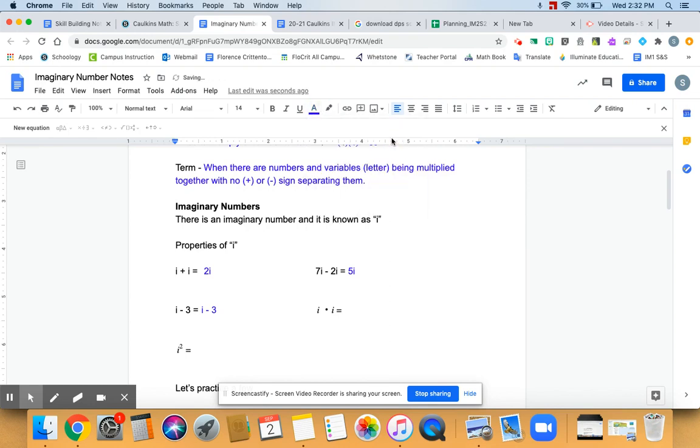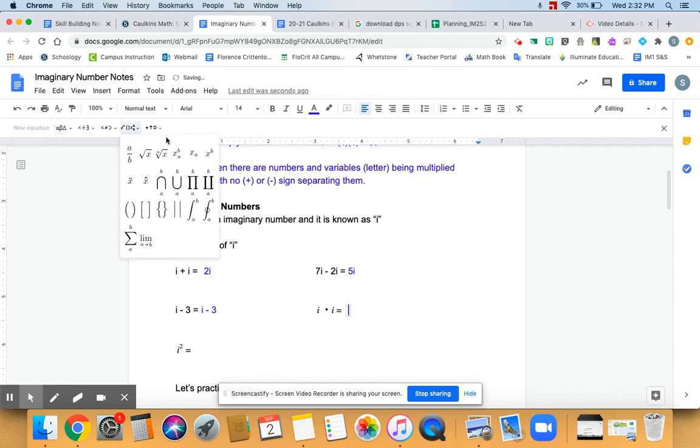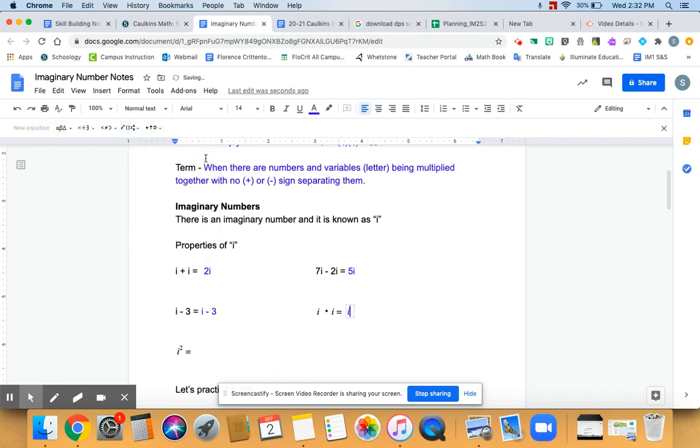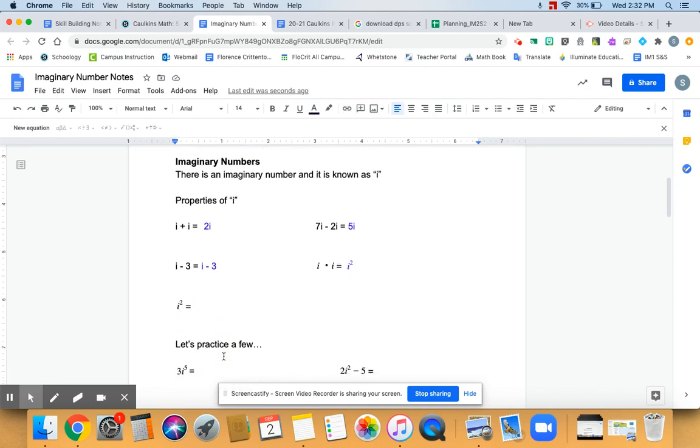So i times i works just like x's. So x times x would be x squared. So i times i would be just i squared. So this is another way that imaginaries work just like real numbers. However, the next one is the one rule that makes everything different about imaginary numbers.